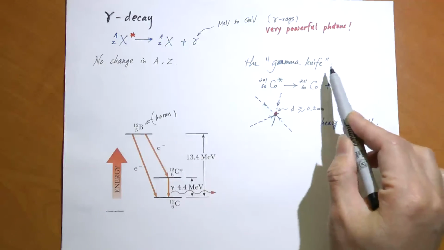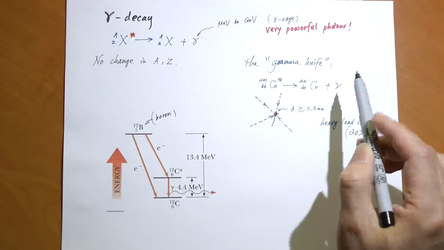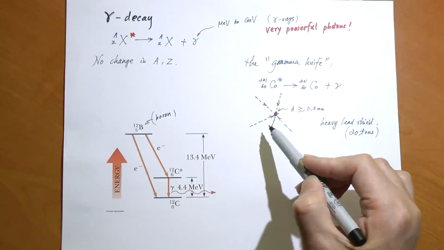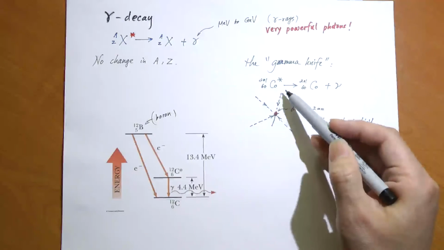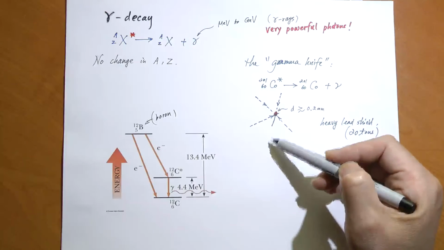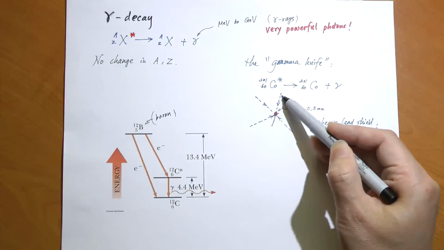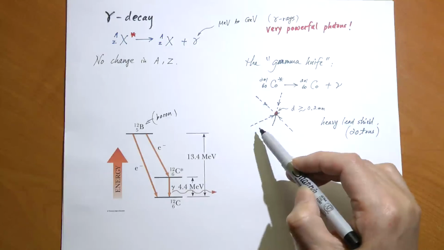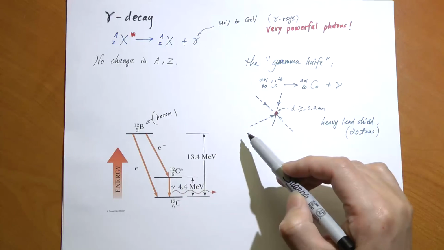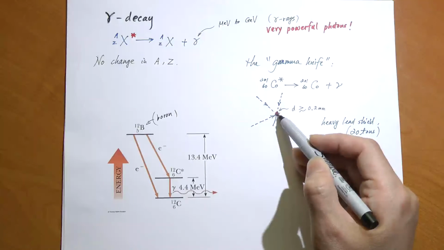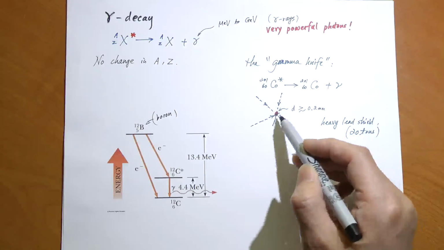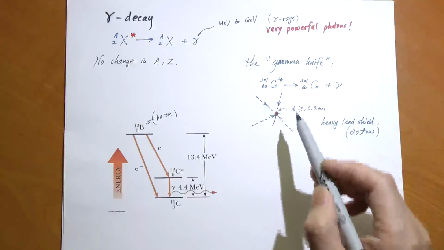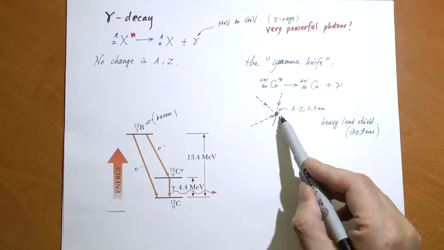Gamma knife is not a real knife. It is really a machine that produces multi-beam gamma rays, highly collimated with a certain amount of radius. And these gamma rays can be directed to focus on a certain region in a patient's body. It is particularly useful to treat brain cancer.